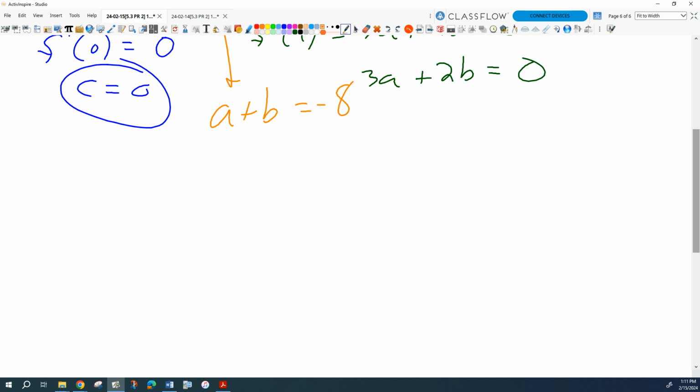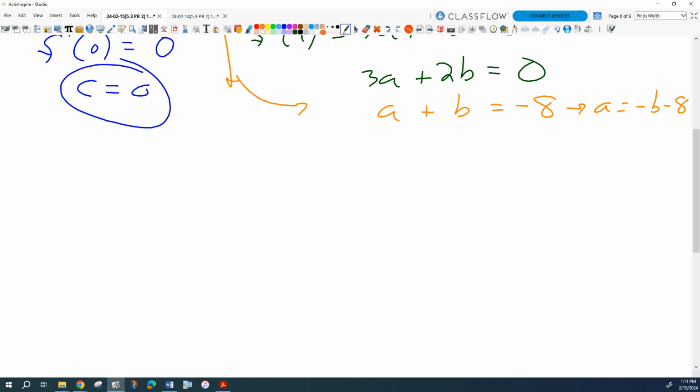Okay, so I could solve that system pretty easily. Let's do the substitution method. Would you say solve for a or b? A. Okay, so a equals -b minus 8.